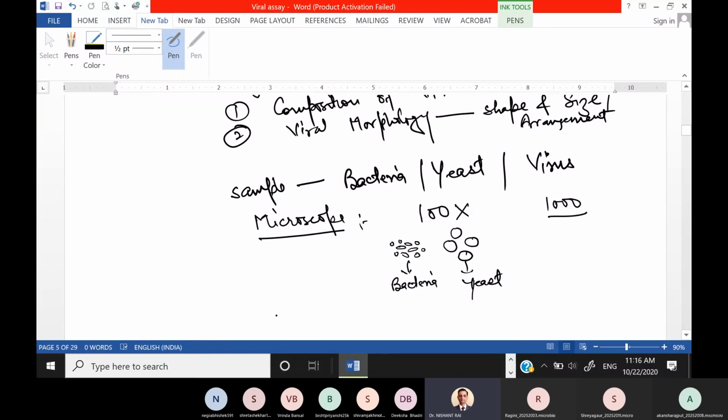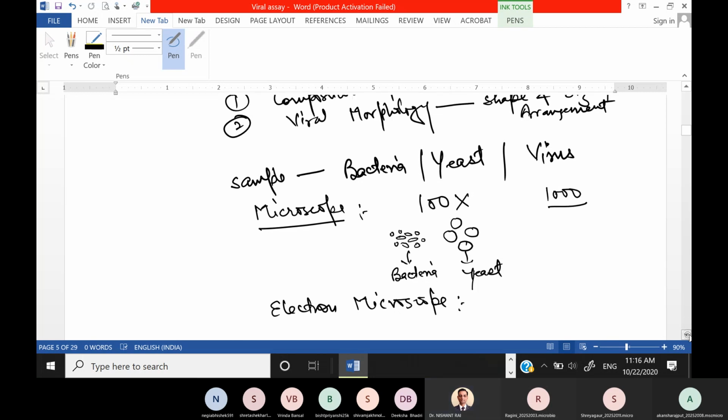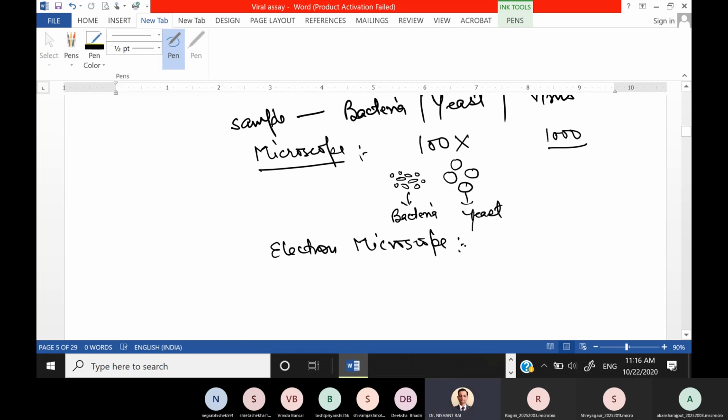Same if it is asked to just confirm whether the sample contains virus or not, you can identify the viruses under an electron microscope, isn't it? And using the electron microscope you can identify the size and shape of virus.